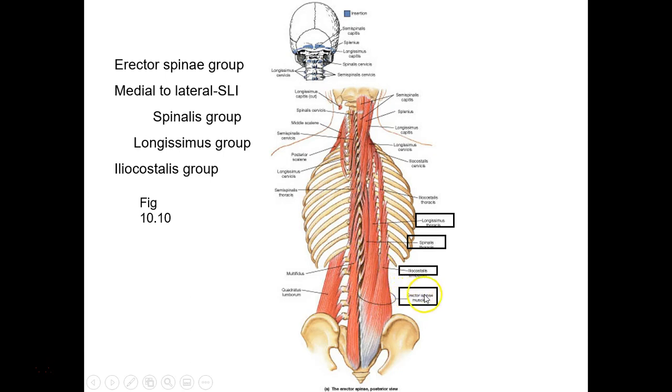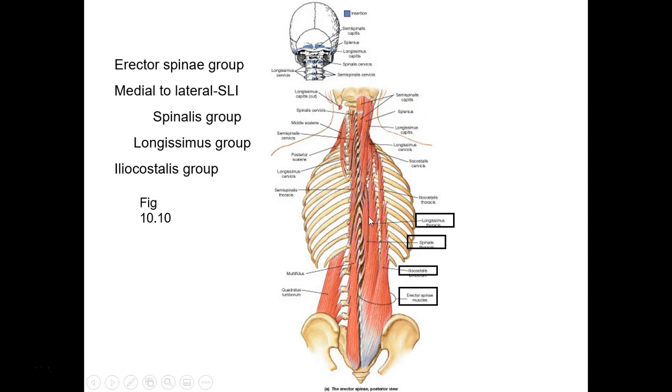Well, it's in the name. They erect the spine. Well, especially if you got both groups. You got one over here on this side. You activate them both at the same time, it's going to make you stand up straight. Okay? If you do just one side of your Erector Spinae, you're going to do lateral flexion, so you're going to bend to the side. Probably still erect it some too.